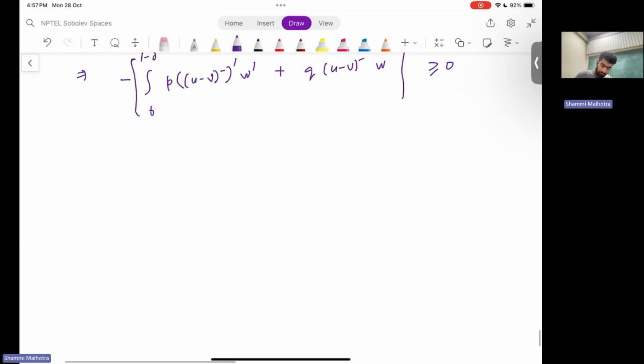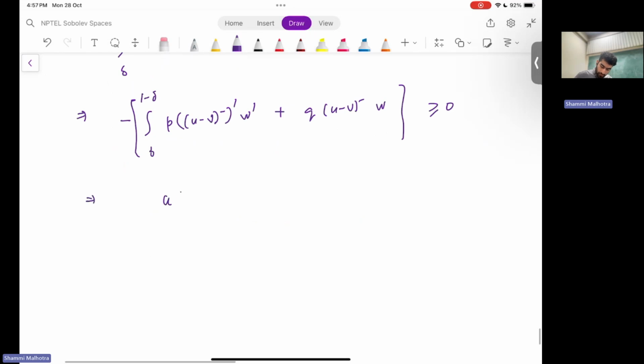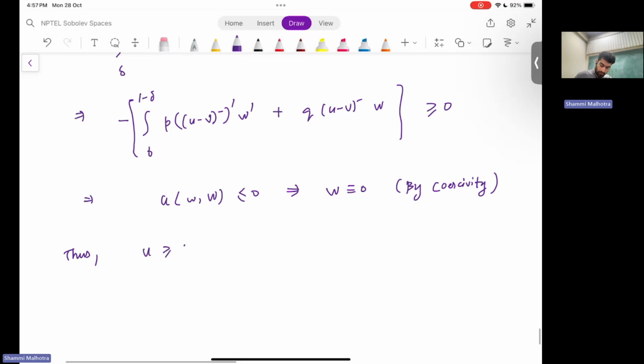And this will imply a of w has to be less than or equal to 0, and this implies w has to be identical to 0 by coercivity. And thus we have u to be greater than or equal to v.